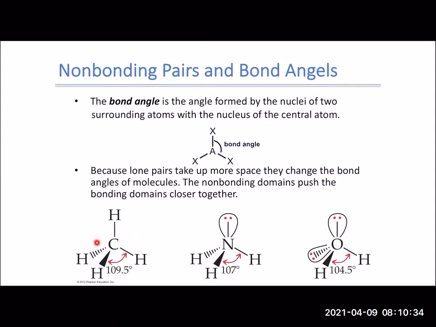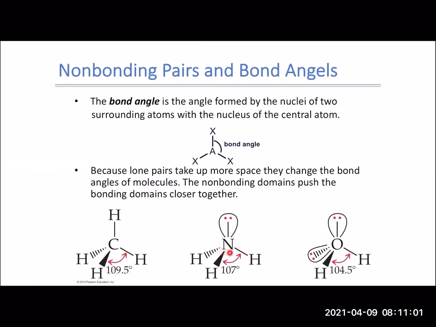So if we look at methane here, CH4, we can see there's no lone pairs on our central atom. So all the hydrogens are 109.5 degrees apart from each other. That's their bond angle between these 2 hydrogens, between these 2 hydrogens, between these 2 hydrogens, and also between these 2. They're all 109.5. Once we add 1 lone pair, the bond angle changes.